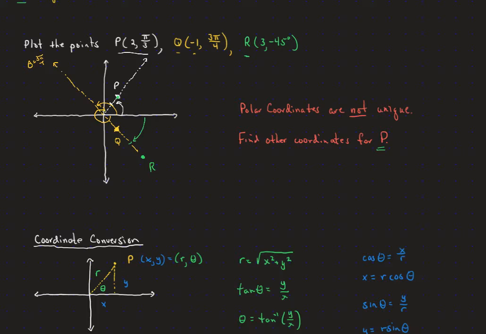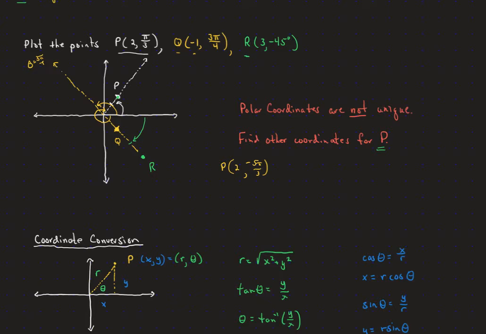We could come around this way. And so that would be an angle of, let's see, 2 pi minus pi over 3, 6/3 minus 1/3 is 5/3. So that would be a negative 5 pi over 3, and the r value would still be 2. That also would put us at point P.